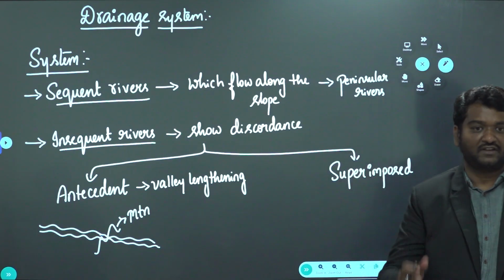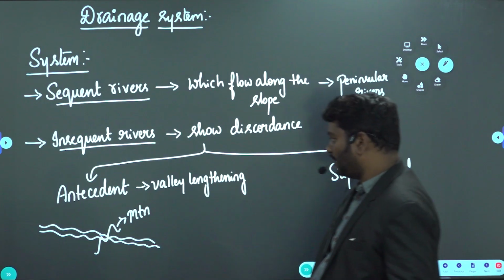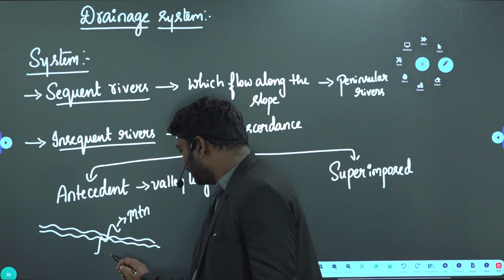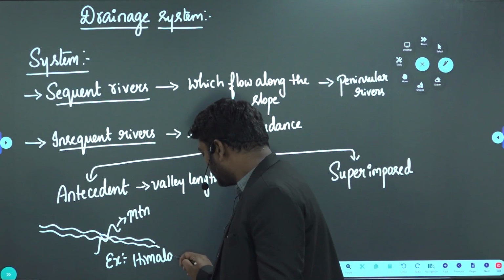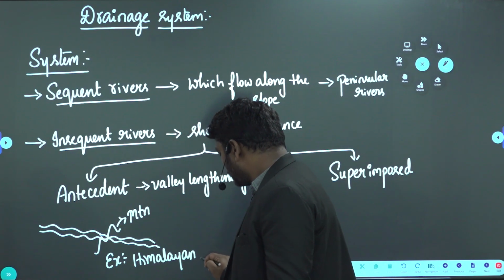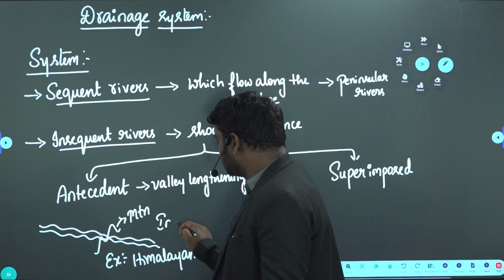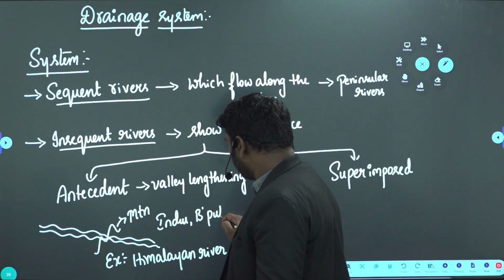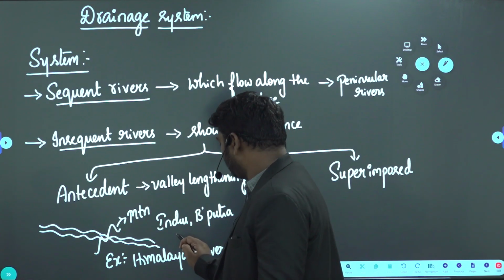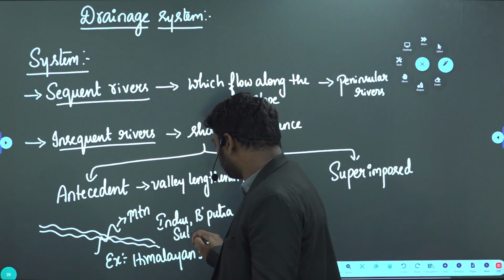Lengthening means length increases. So when there is valley lengthening, it is an antecedent river. Example, Himalayan rivers. You take the case of Indus, Brahmaputra, Sutlej.